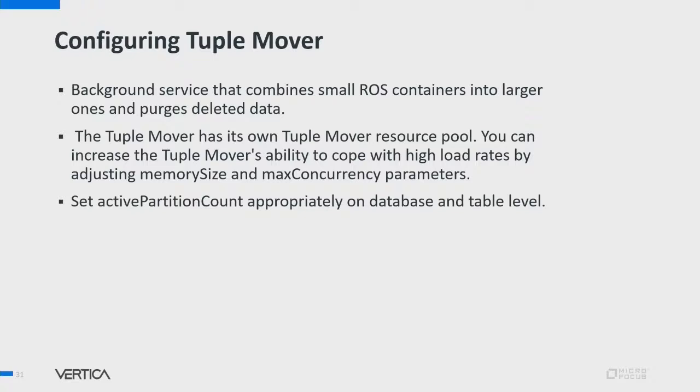But the tuple mover may perform well or poorly, depending on the situation, usage, or characteristics of your database. So to help tuple mover perform better, you can adjust the tuple mover resource pool with concurrency and memory resources, so that ultimately it helps the database to perform well.